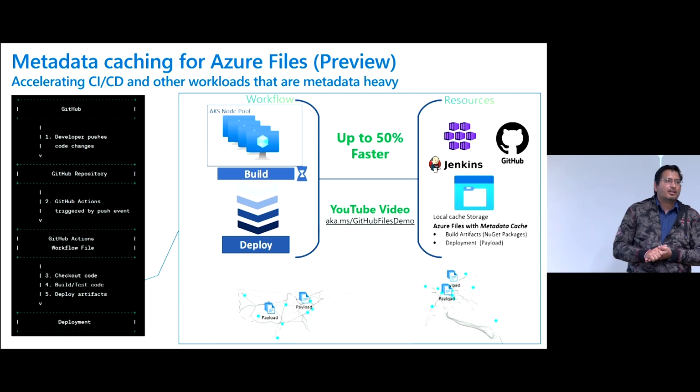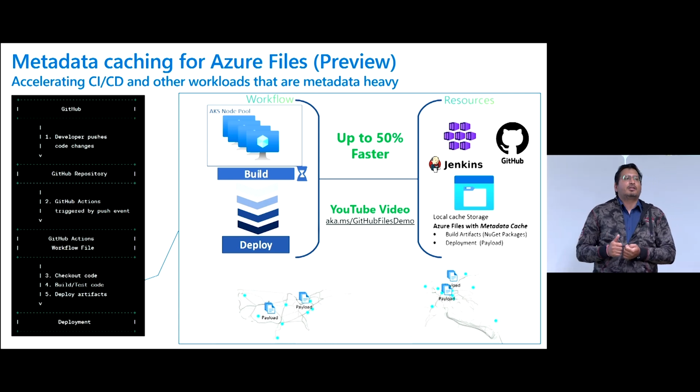It's a YouTube link. If you go into the video description, there is also a link to the GitHub repo where the code is kept. I would really like you all to give it a try, download the code, and if possible, run it on your Azure subscription, so that you can actually get a feel of the kind of performance improvement that you're getting through this particular feature.